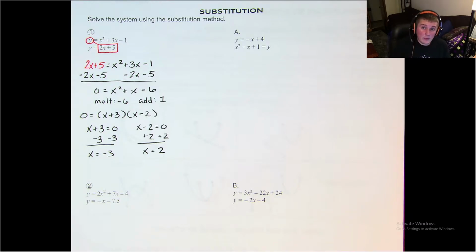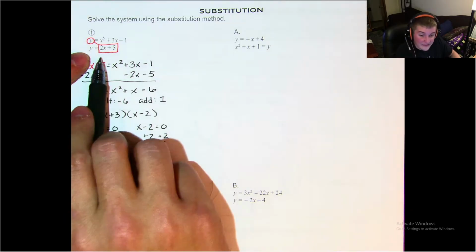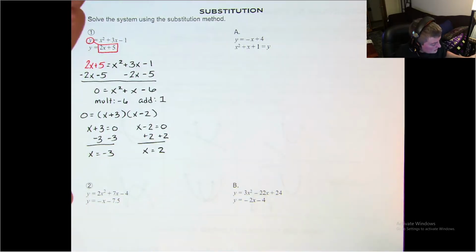This is important because if I just have x values, that doesn't tell me where these two graphs are going to cross, because that only gives me the x values. We need the y values that correlate to it. So knowing that, we need to go ahead and plug these values back in to find y. Okay, so let's go ahead and do that.